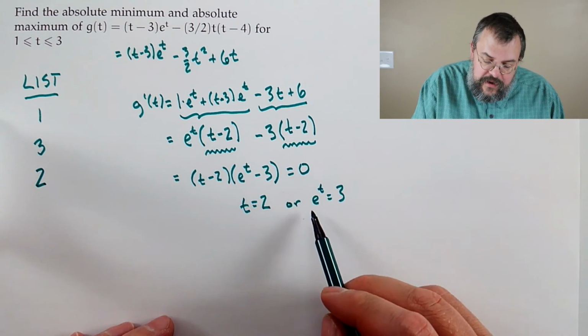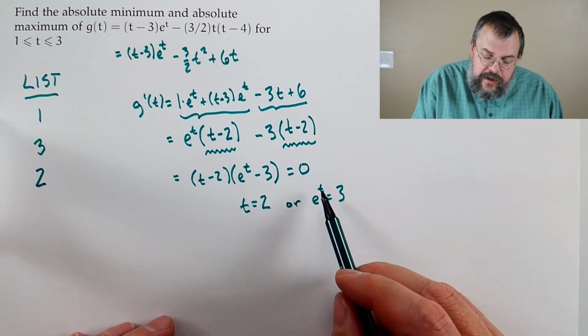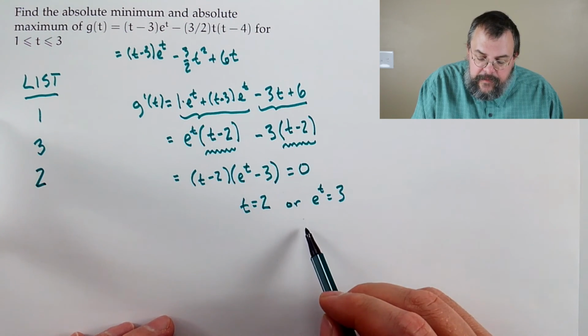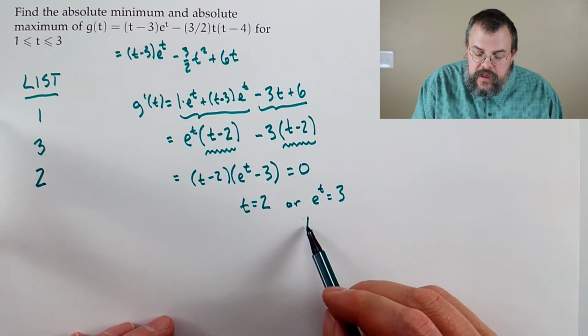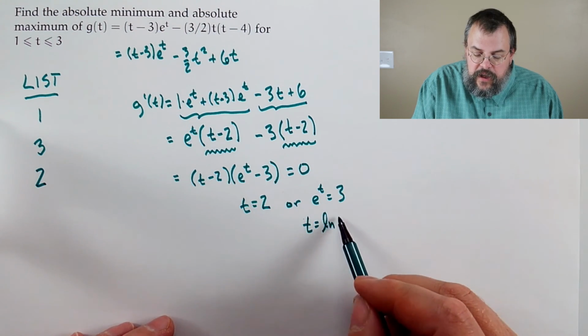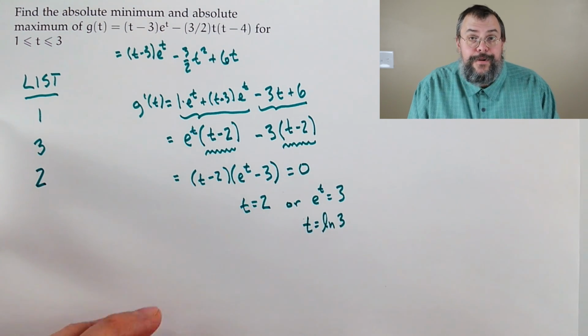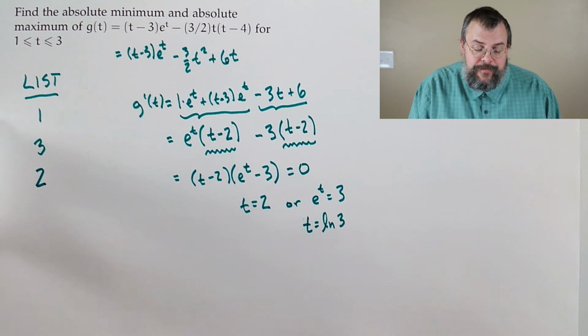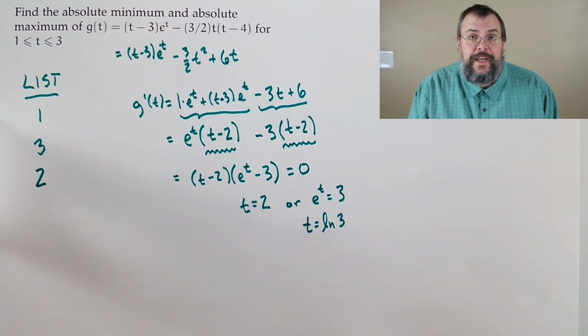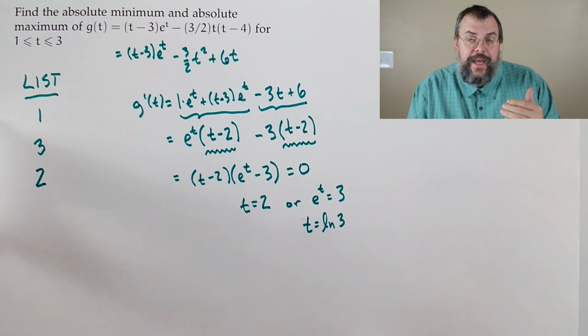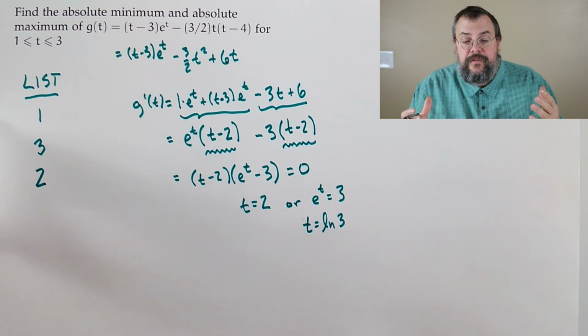All right, how about e to the t equals 3? Well, let's bring down the t. How do you get the t outside of that exponential? By taking a log. So you would get t equals natural log of 3. Now, do we know anything about natural log of 3? Well, if we think about e to the t, so e to the 1 would be 2.718, because that's what e is.